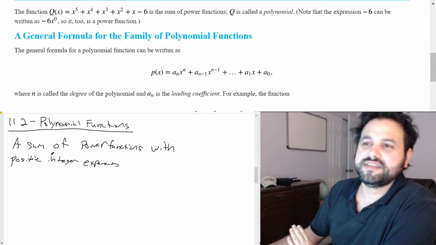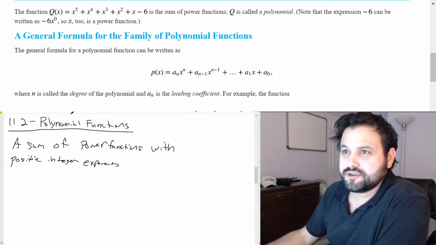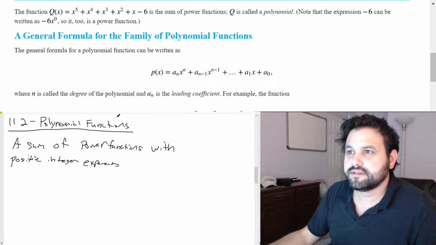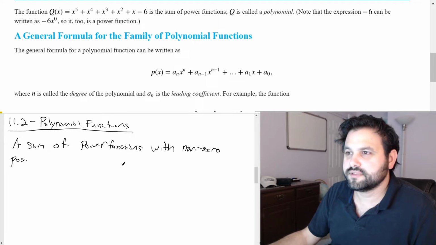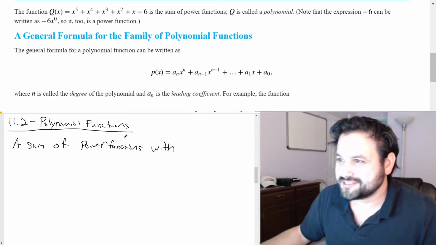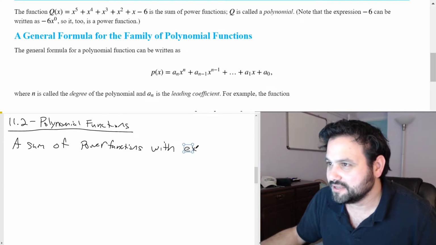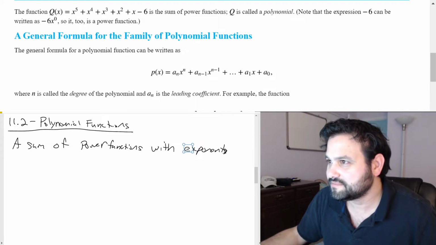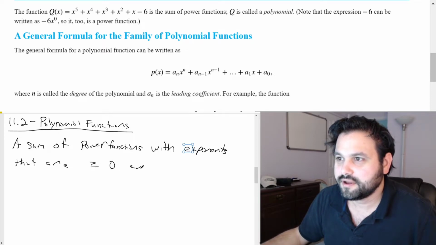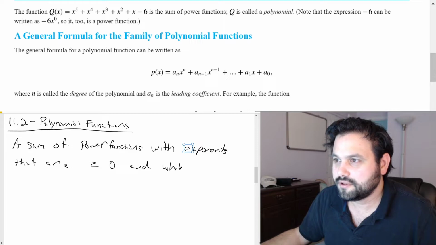A polynomial function is a sum of power functions with exponents that are greater than or equal to 0 and whole numbers.